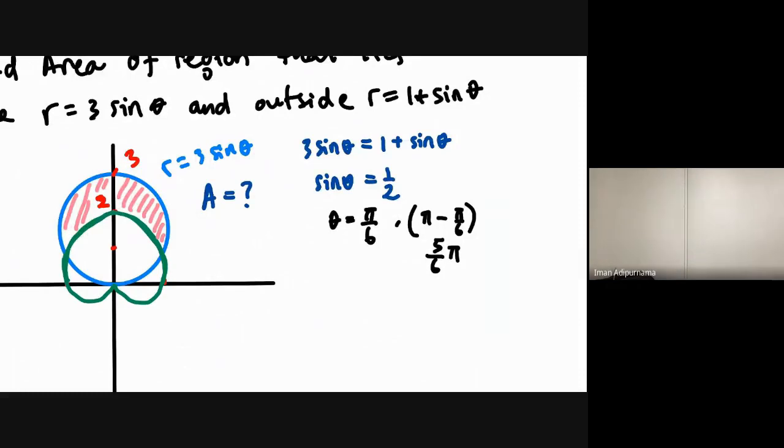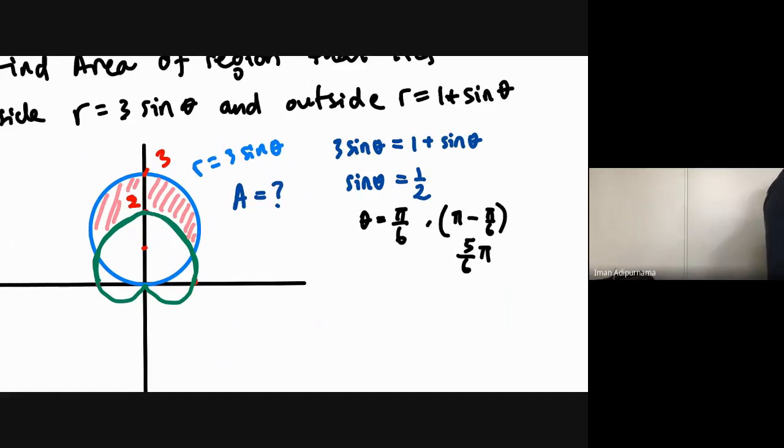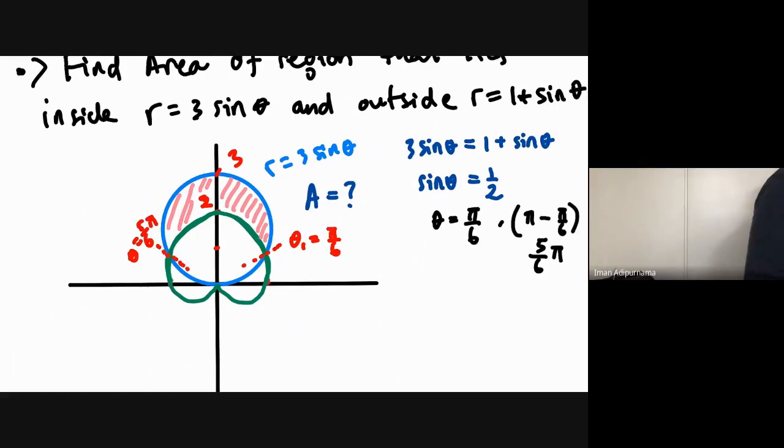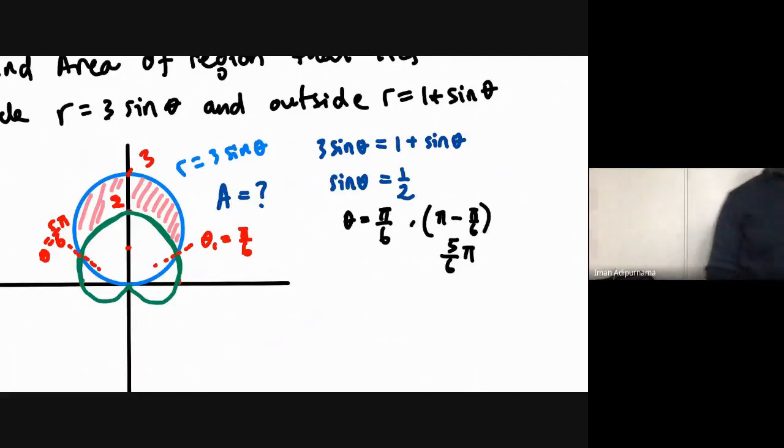So this one is pi over 6, and this one is 5 pi over 6.